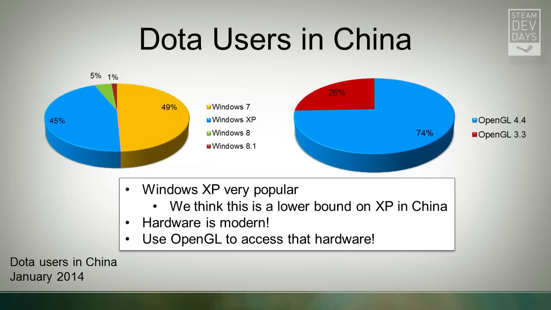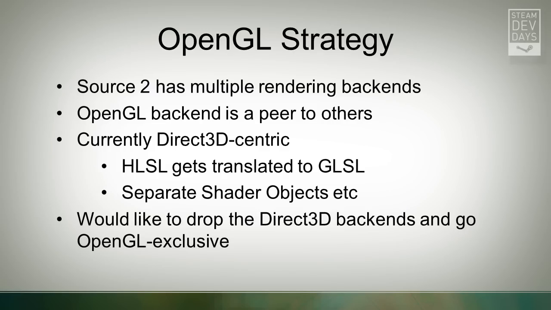We think this number might even be a lower bound, and as we reach more and more players in China, possibly that number goes up. Obviously the cybercafe data would indicate that. But the pie chart on the right is interesting. Their hardware is modern, and so I think we could use OpenGL to access those features, assuming that we can get the driver story where we want it to be.